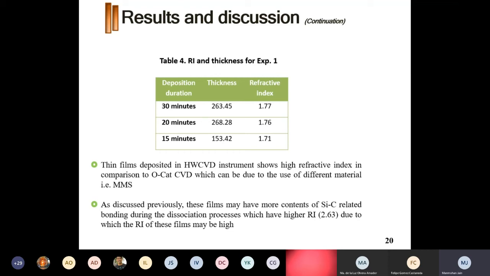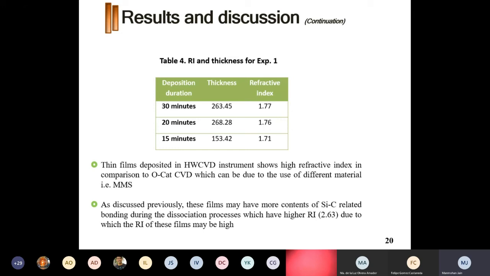Because we use monomethyl silane gas here, the probability of dissociation is also different than TEOS liquid. So that can be one of the reasons for the change in the refractive index and thickness.